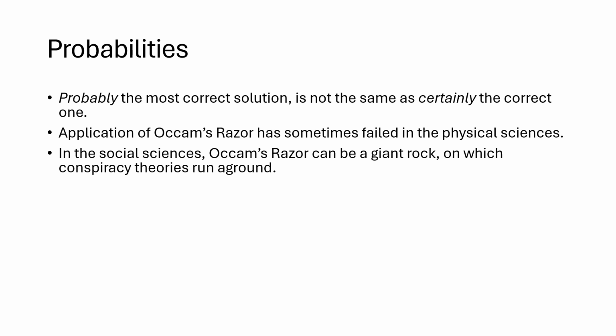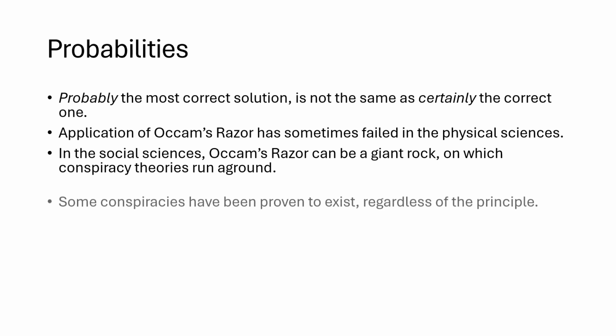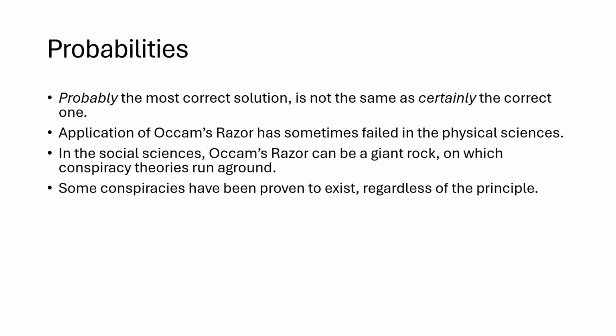Now, in the social sciences, one of the places where I see Occam's razor is especially valuable is against the most unreasonable conspiracy theories. It's a giant rock, and conspiracy theories run aground there. But on the other hand, some conspiracies have been proven to exist, regardless of Occam's razor.